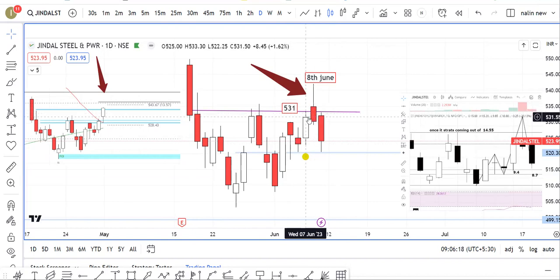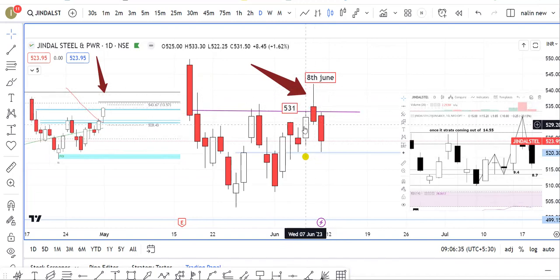You can imagine it had closed on the previous day around 531. That is 10 rupees more on this stock.